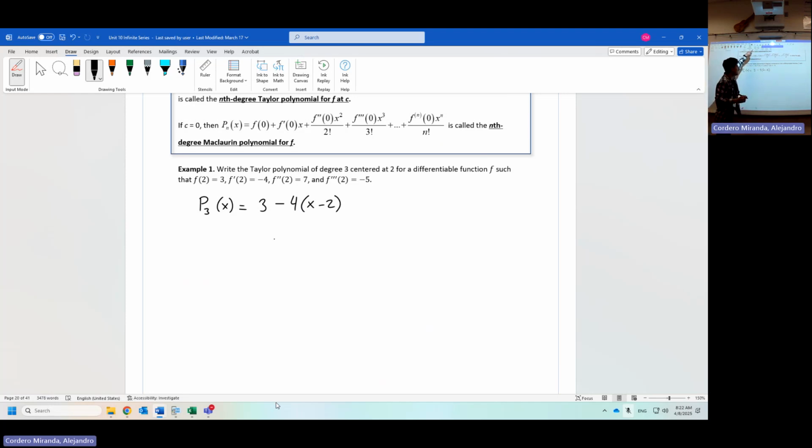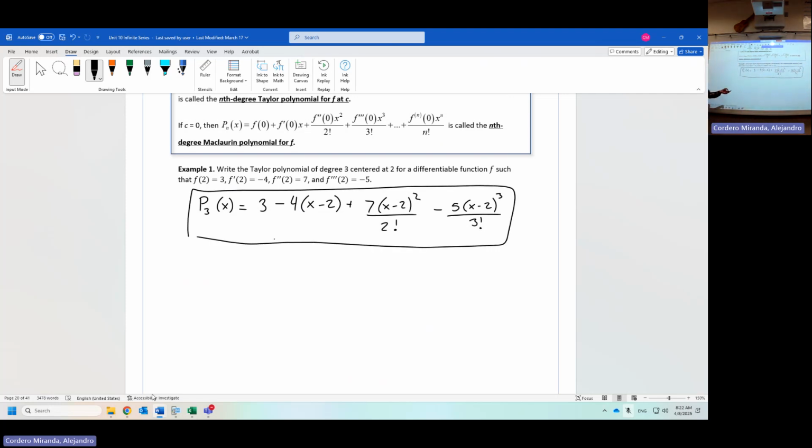I'm just going to follow that for now, and then I'll show you what the idea is. Plus 7 times x minus 2 squared over 2 factorial, or just 2. I'll put the factorial to be consistent. And then minus 5 times x minus 2 to the third over 3 factorial. Cool. Here's the answer.